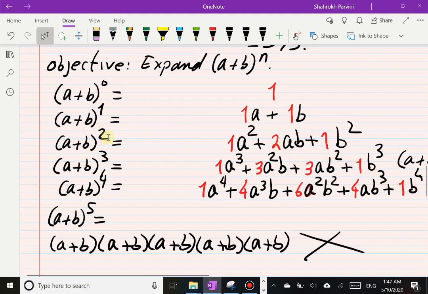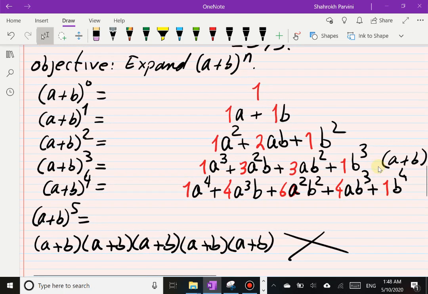For a plus b squared, you have a squared, b squared. A plus b cubed, you have a cubed, b cubed in the last term. A plus b to the 4th, you get a to the 4th, b to the 4th. So I guess it makes sense that the number is going to be what? 1a to the 5th plus 1b to the 5th, the last term, right? I'm over here and then I move to the right.